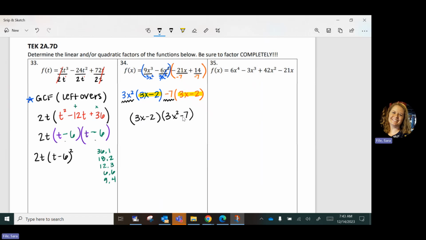Now on the test, some questions were worded as factor completely. And this would be your answer, and they were multiple choice. Some were worded, you were given an equation or an expression like this, and it may say, select all the factors below.